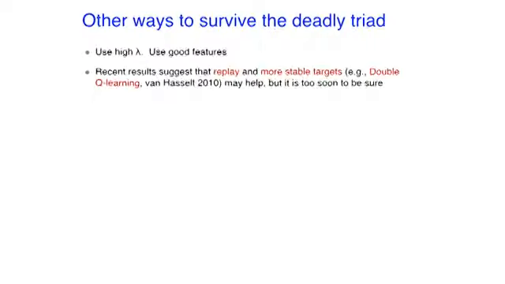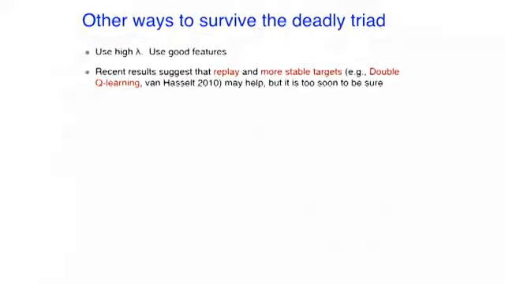You can also win by using good features. If you have table lookup, then you can't diverge. And the general feeling is that if you have features that are better, more Markov, that tell you more about the state, then you're less likely to run into the problem. These are just sort of practical ones. This is also somewhat practical.